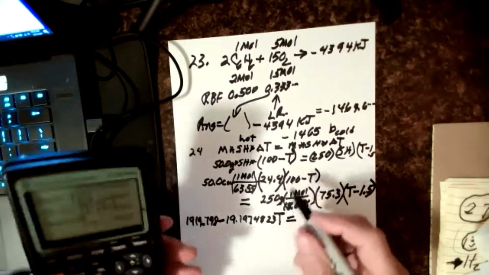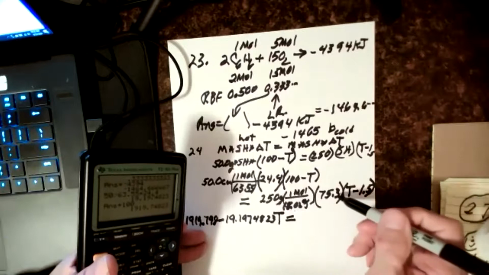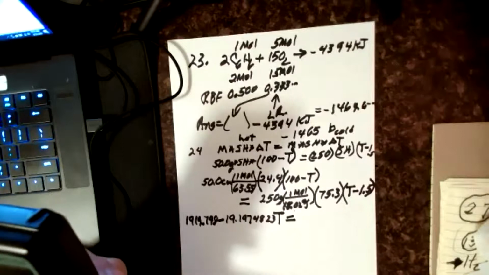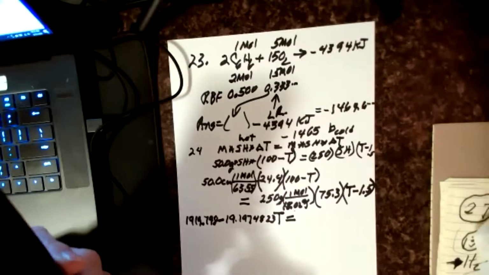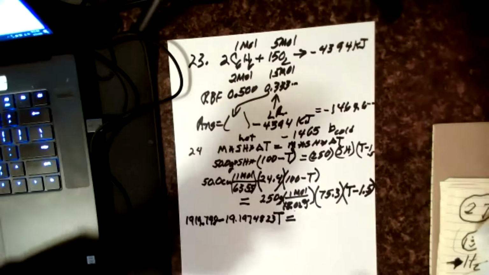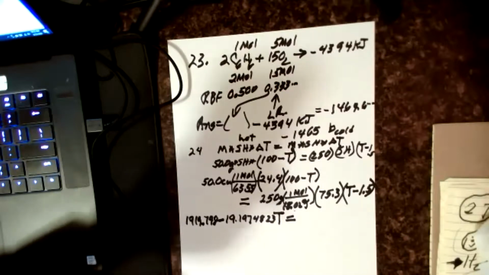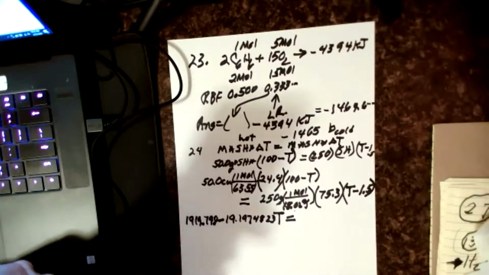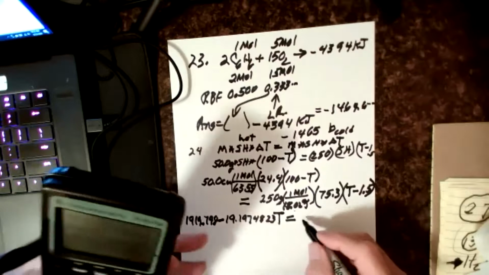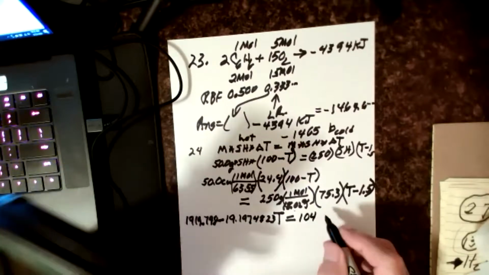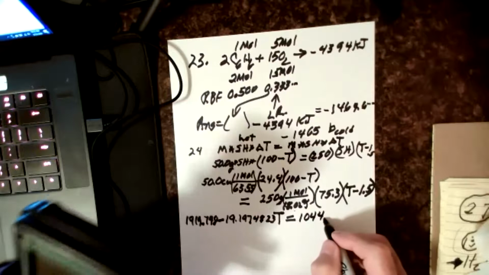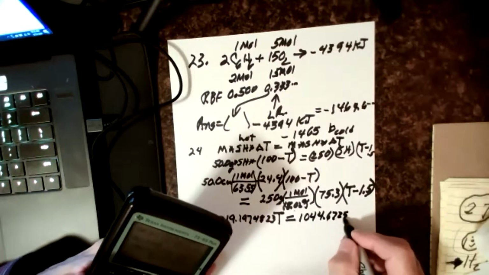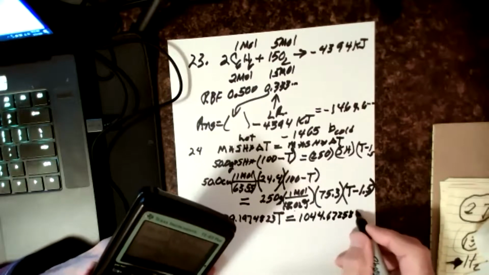Now let's do the right-hand side. 250 divided by 18.02 times 75.3. 250 times 75.3, and divided by 18.02 gives me 1044.672586.